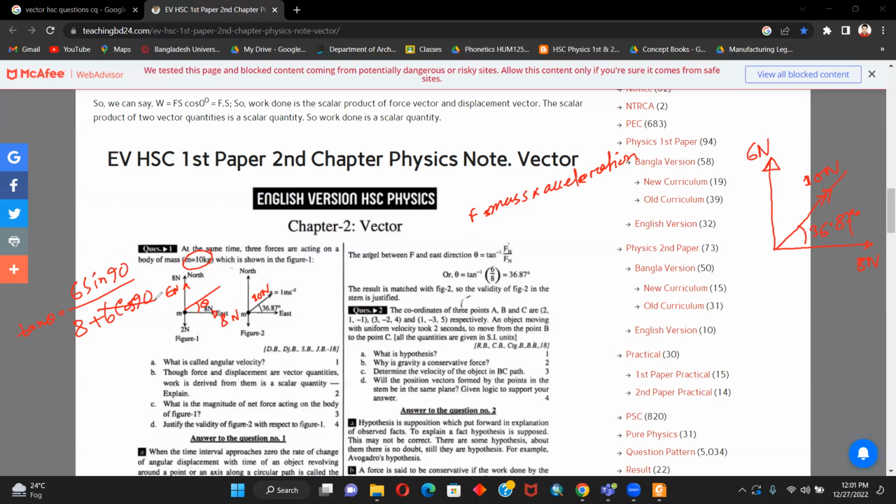Now cosine 90 is 0, so tan theta equals 6 upon 8. Now tell me, what is the value for theta? 36.87 degrees. That means figure 2 matches with figure 1's validity.